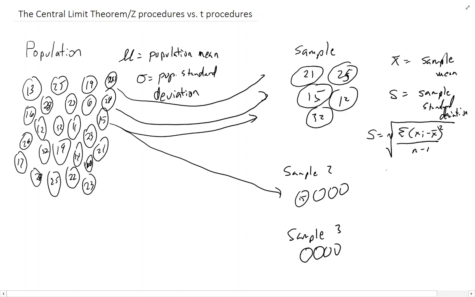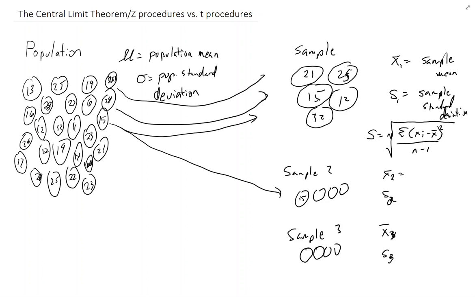But the idea is that each one of these will produce a slightly different sample mean and sample standard deviation, so we'll get x bar 1, x bar 2, x bar 3. Each sample will have a slightly different mean because it will be made up of slightly different people.